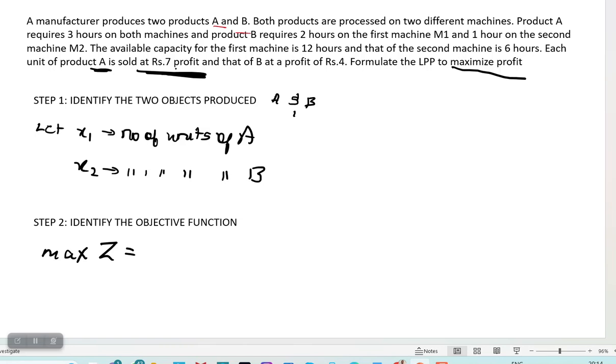So corresponding to A, 7 is associated. Therefore we write 7, and corresponding to it is X1, so 7X1. Corresponding to B it is 4, and with B we add X2, so 4X2. With this we conclude step 2.